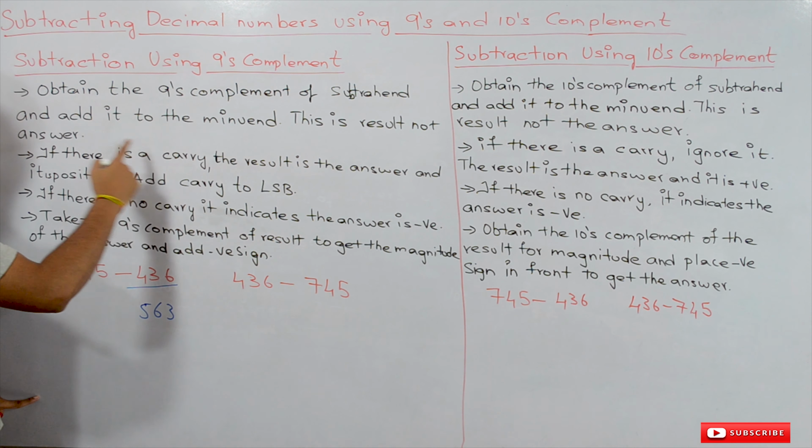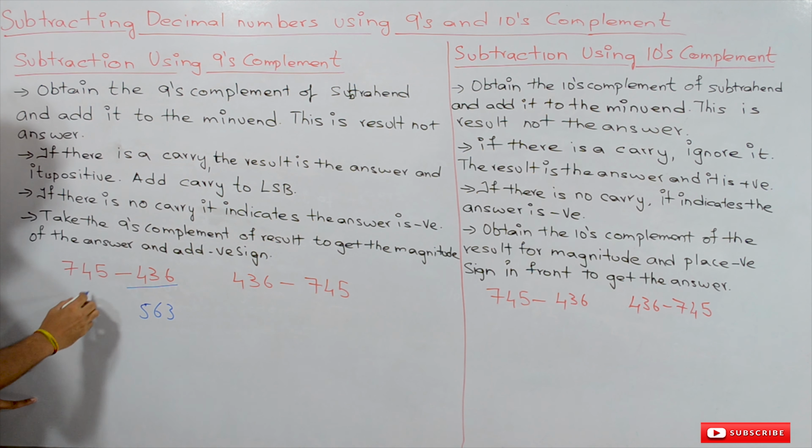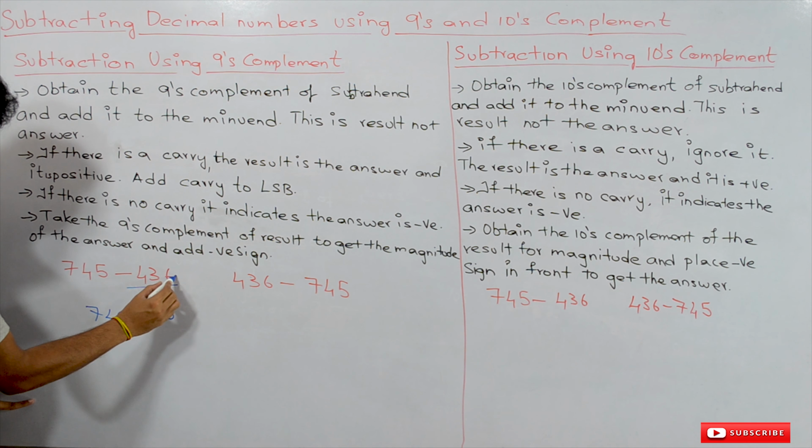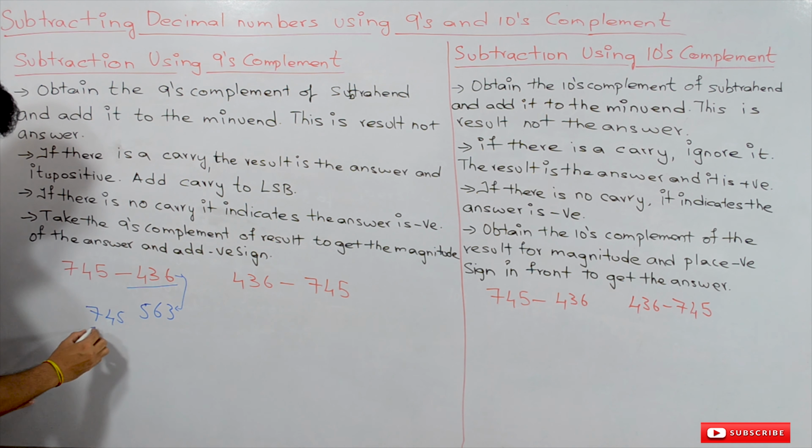Now what we have to do is add it to the minuend. We have to add the 9's complement of the subtrahend, which is this one, to the minuend, which is 745. So 745 plus 563.